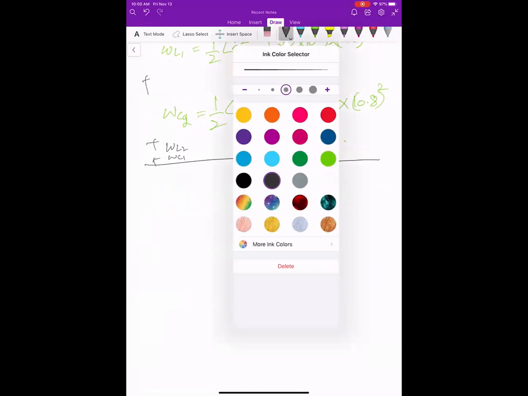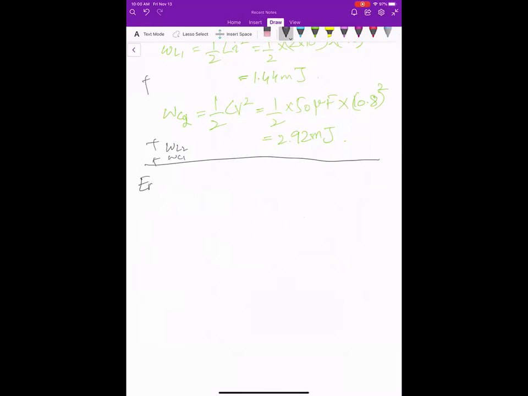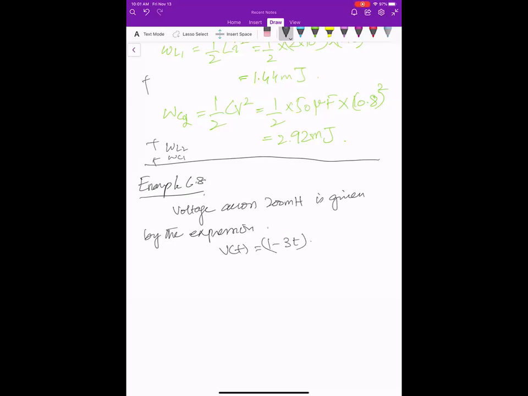So this is example 6.8. In this, we are saying that the voltage across a 200 millihenry inductor is given by the expression e to the minus 3t millivolts for t greater than or equal to 0, and equal to 0 for t less than 0.